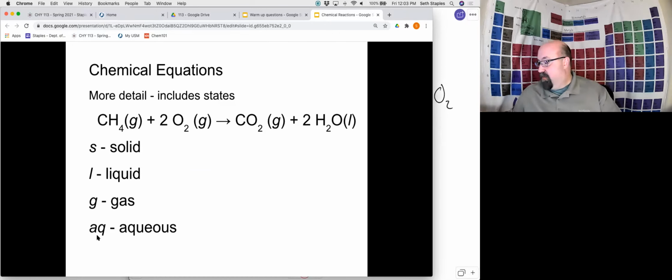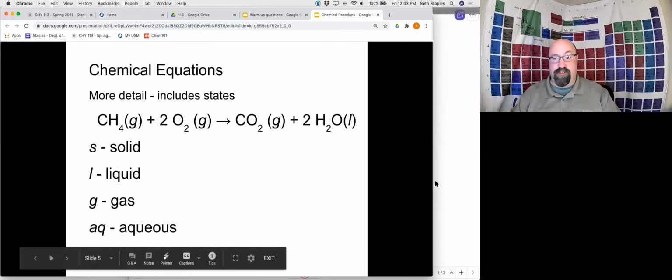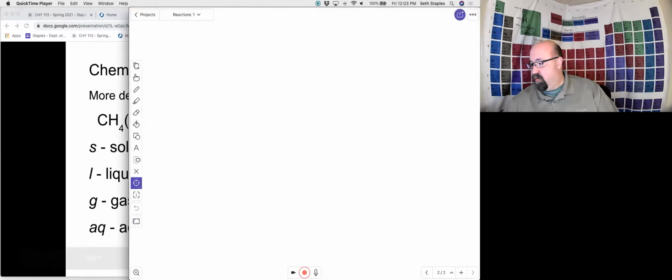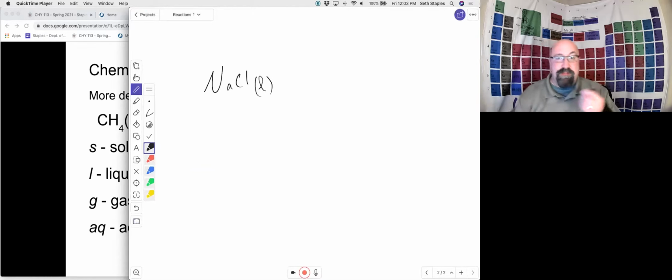And so as an example there, just to illustrate the difference for you, if I have NaCl liquid, this means that I took solid NaCl, and I heated it up to the point that it melted to become a liquid.